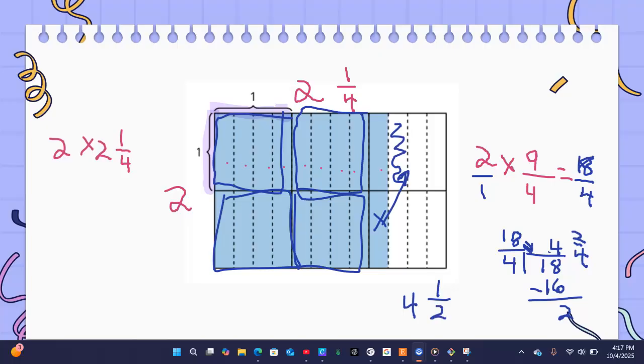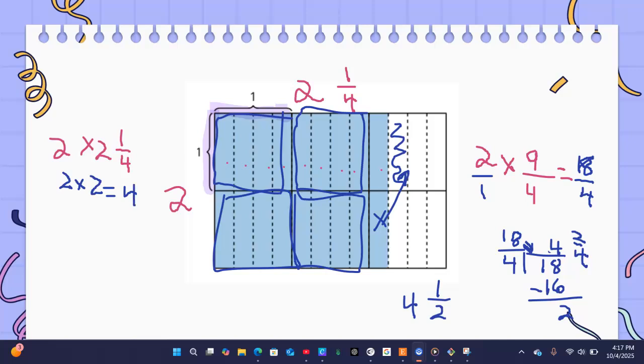Now let's take a look at this one. How would we solve it this way? Well, we can say 2 times 2. We know that 2 times 2, the two whole numbers, will equal 4.